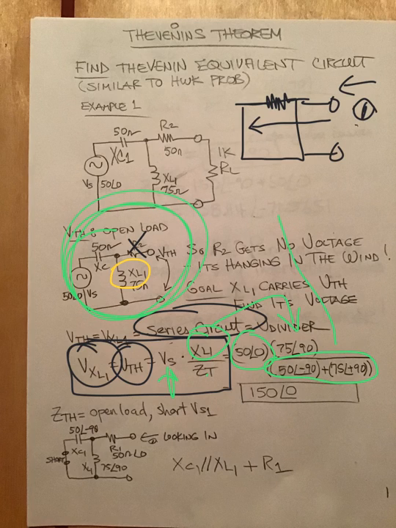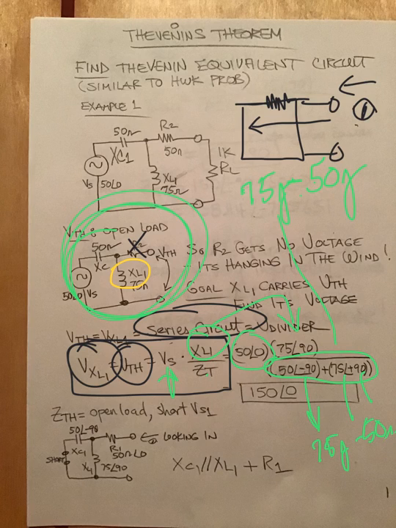So you can just sum these. I did it in polar. You could have done it as 75 minus 75J minus 50J. This is 75J minus 50J. That's what 50 at minus 90 turns out to be, and I got these things reversed.